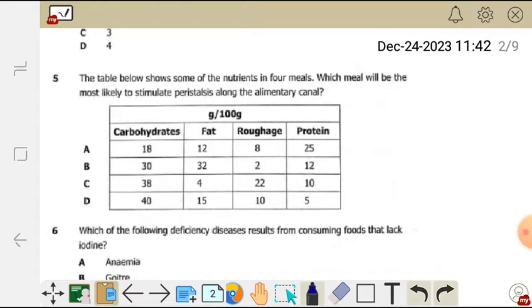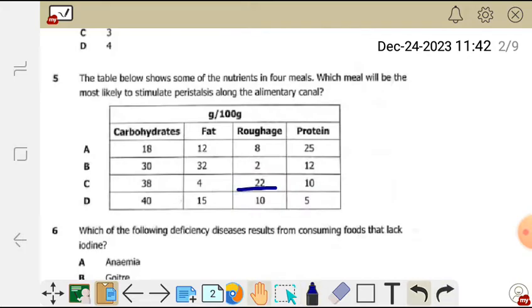That contraction process is what we call peristalsis. And it is facilitated by the help of roughage. So the correct answer here is C, which is rich in roughage. Okay, question 5, the correct answer is C.